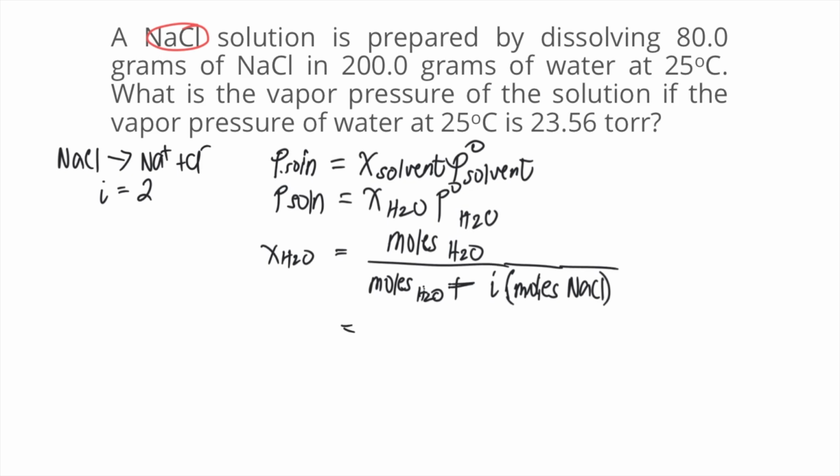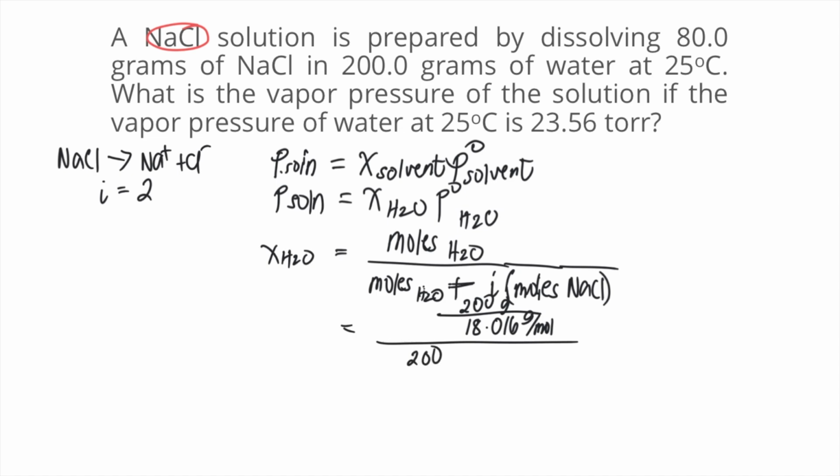You know that moles is just mass divided by molar mass, right? The mass of water is 200 grams, so 200 grams divided by the molar mass of water, 18.016 grams per mole, gives the moles of water.